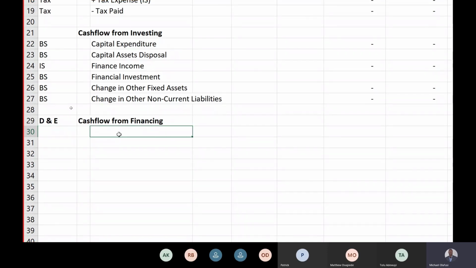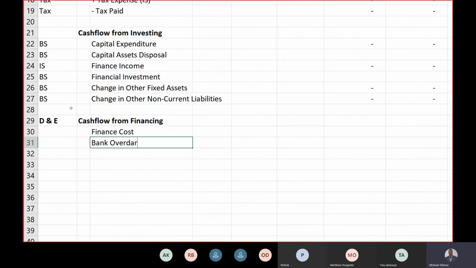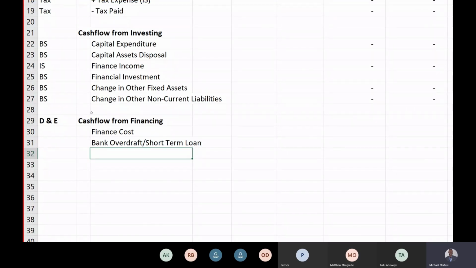So let's enter the line items: finance costs, any bank overdraft that was drawn, or sometimes you can call this short-term debt, short-term loan. And then any senior debt, any regular long-term debt.